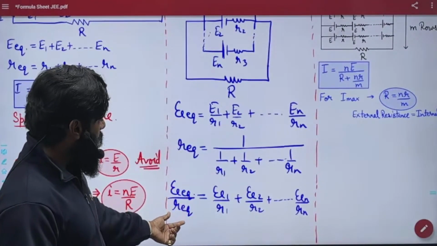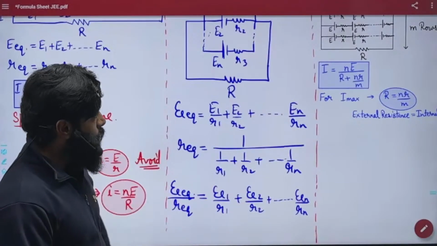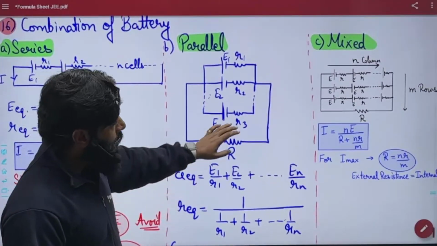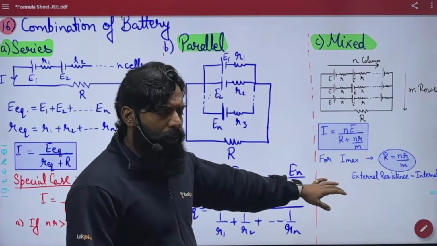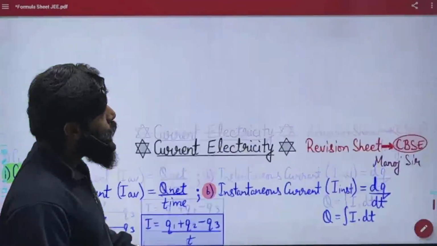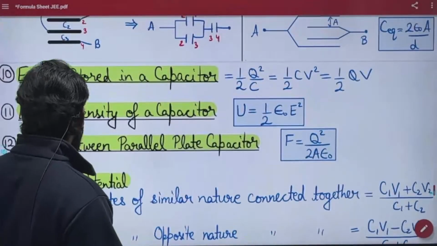Okay, this is a very, very important formula. And in case of a mixed scenario, you can frame the equation using the same. So this is what we have to do, and I will share this PDF with you later on.